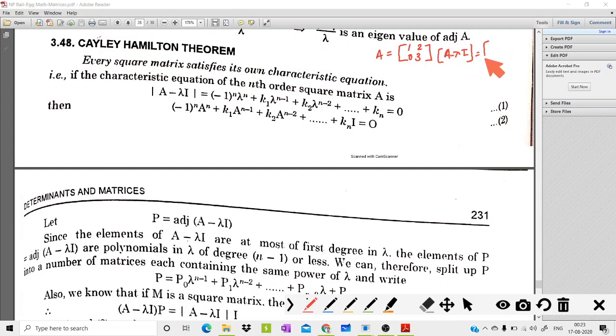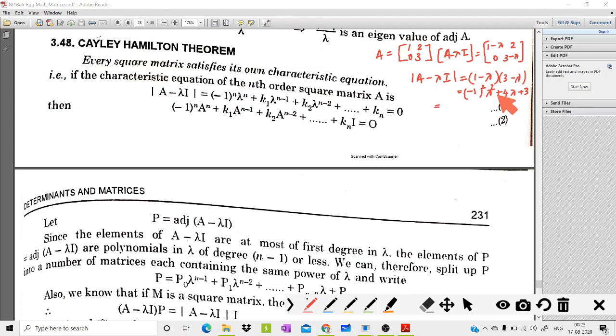A minus lambda I will be 1 minus lambda, 2, 0, 3 minus lambda. By finding the determinant of A minus lambda I, you get 1 minus lambda into 3 minus lambda, which is lambda square, then 4 lambda, plus 3.